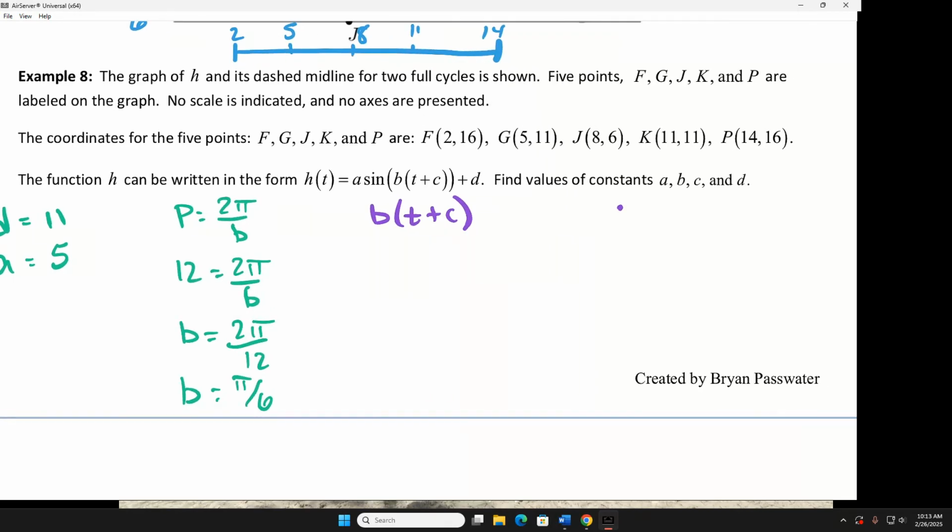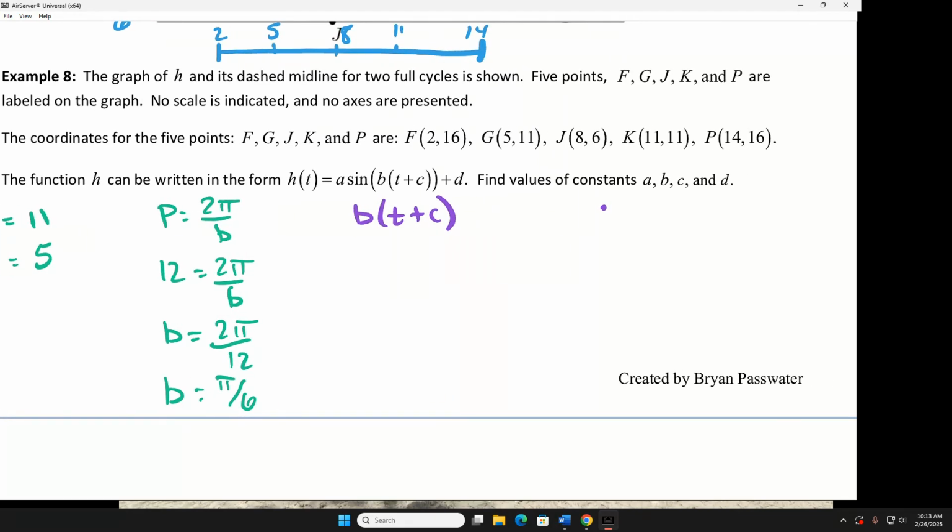I'm going to ask you a few questions. So the first question is, when does the parent function y equals sine of t have a max? Like what time or what angle?